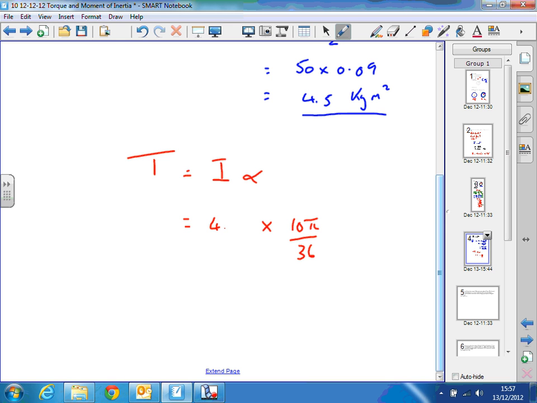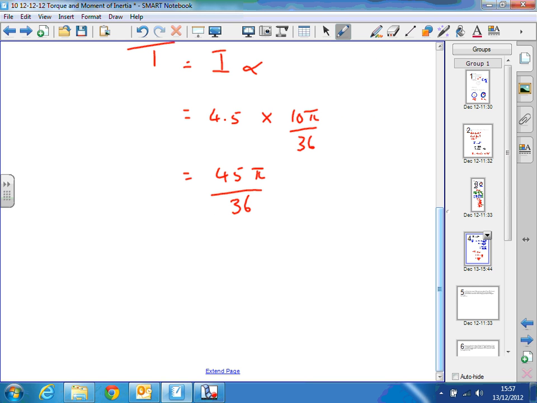So it's 4.5 times 10 pi over 36, which is equal to 45 pi over 36. Is there a number that goes into 45 and 36? No, so that would have to be the final answer, okay? Which you could then work out on the calculator.